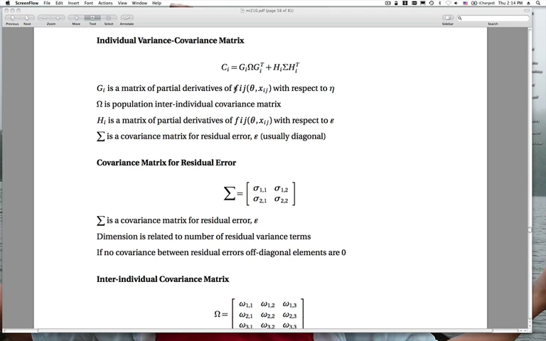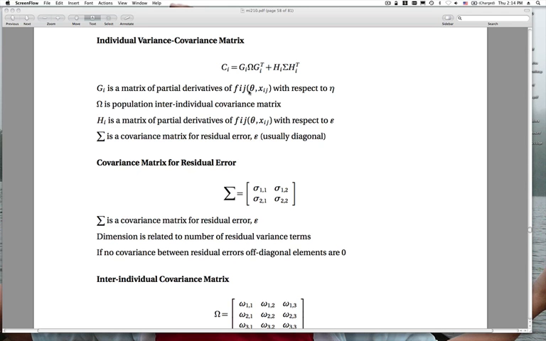G here is a matrix of partial derivatives of the model prediction with respect to eta. So here we see the individual contribution of the individual random effects to the overall weighting. These partial derivatives determine how influential a given parameter's random effect might be at a particular time point in the model prediction.